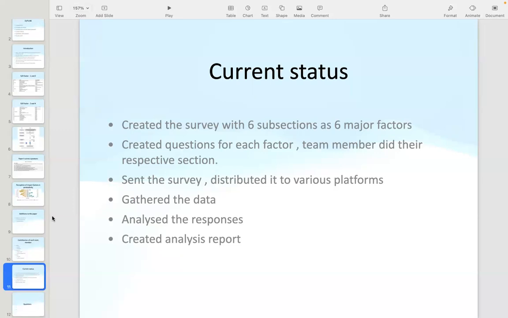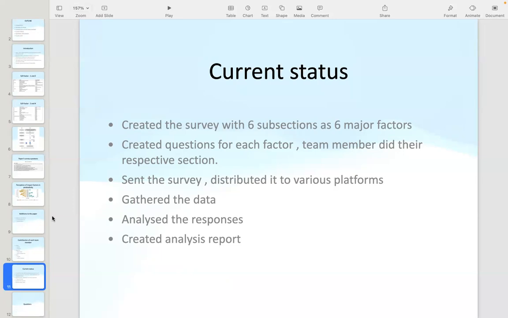The current status of this survey is, we have created the survey with 6 subsections, which are the 6 major factors. We have distributed it to various platforms: we have sent it to LinkedIn, to our friends.